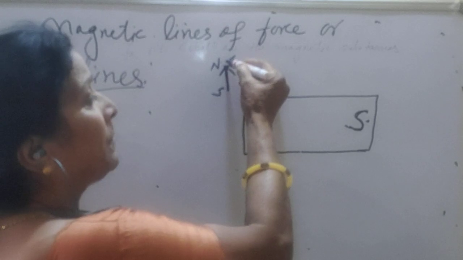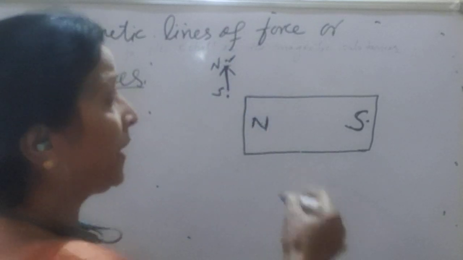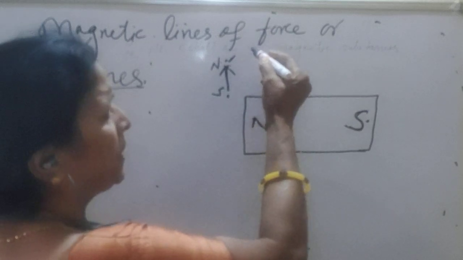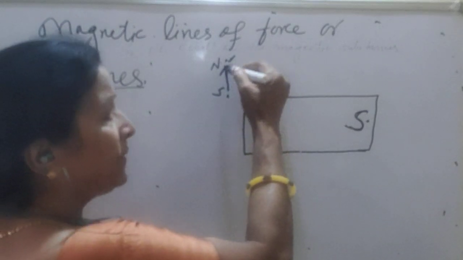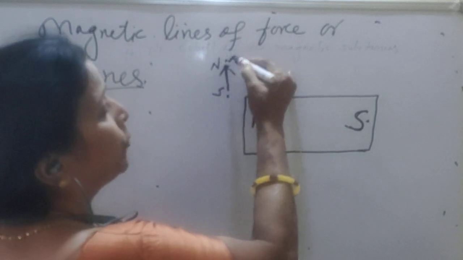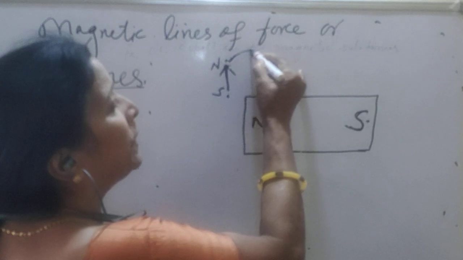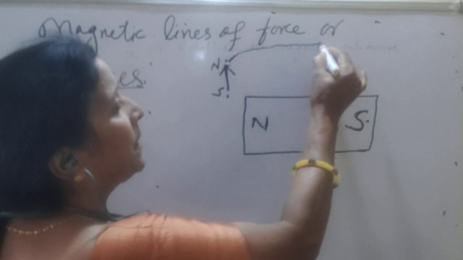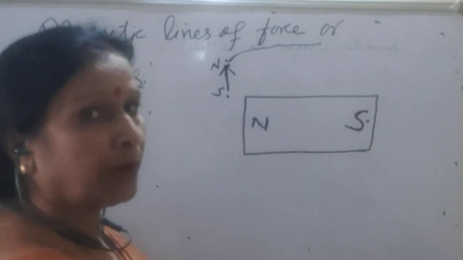Now we will mark the two ends of the magnetic needle, and just see the direction in which the north pole of this magnetic needle will move. I will go on moving the magnetic needle, and see the direction in which the north pole goes on moving.